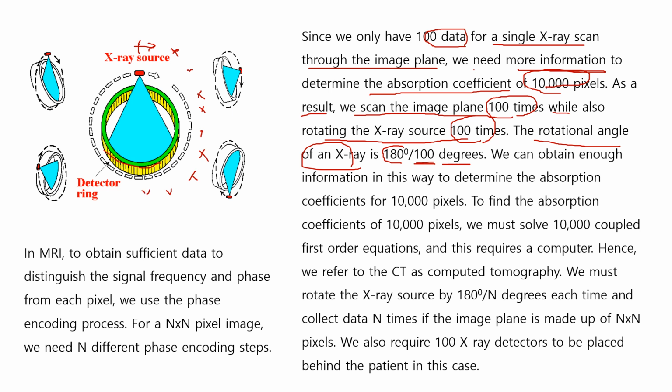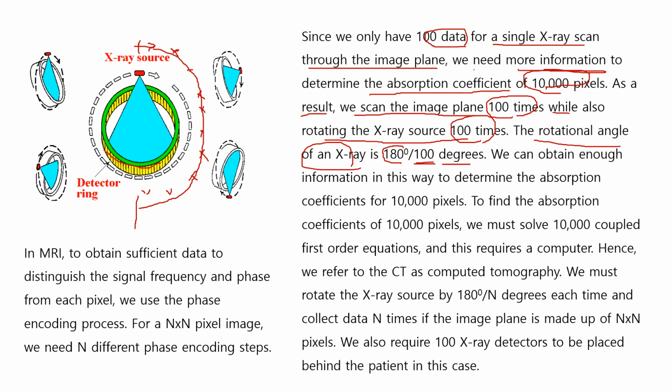Then the number of data we have is 10,000. So we can figure out the 10,000 absorption coefficients of pixels. Now we have 10,000 data, so we can figure out all the absorption coefficients.